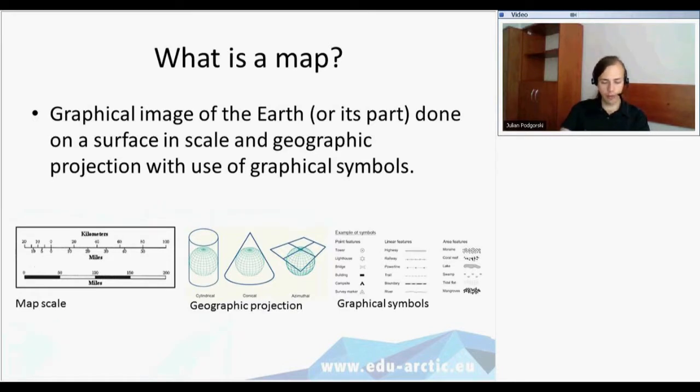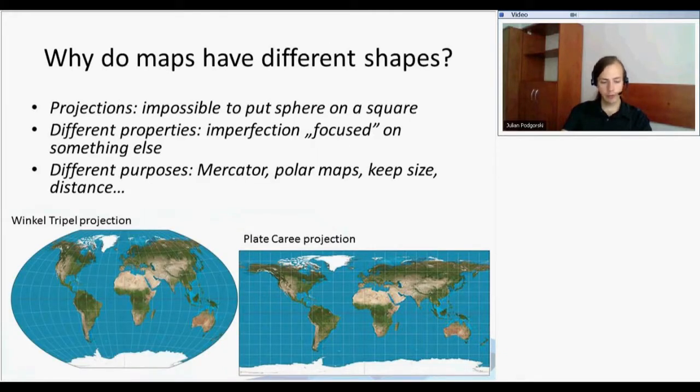Starting with this definition, I'm going to ask some difficult and maybe inconvenient questions. For example, the very first question that might even have shown up in your minds when looking through a school atlas is: why do maps have different shapes? When we go through an atlas, some maps are rectangular, some are more oval, some are circular.